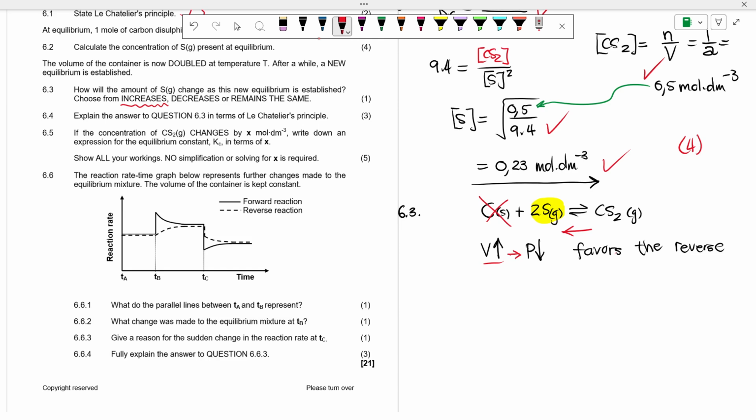So in other words, if this side had something else, maybe 2, whatever, I'm just giving an example. Therefore, this side has 3 molecules. This side has only 2 because the other one is a solid and it doesn't count.